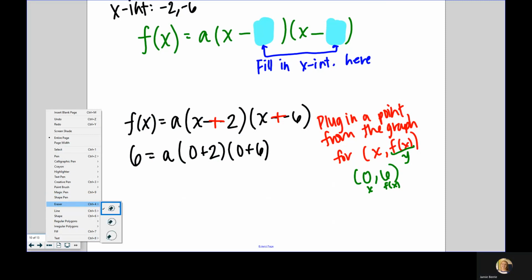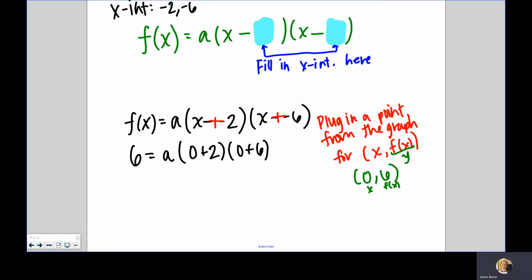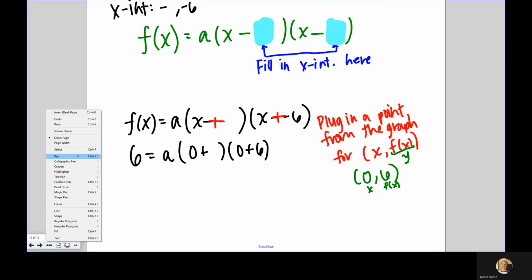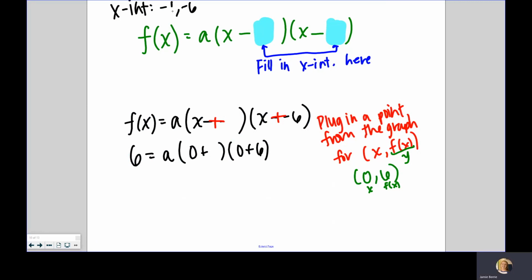I gotta fix it here, and then here, and here. So that was actually negative 1 instead of negative 2. All right, so now I fixed that. Again, sorry about that, you guys.